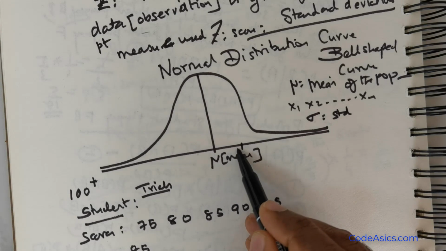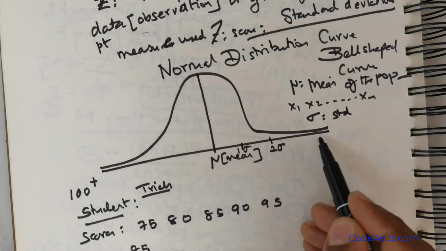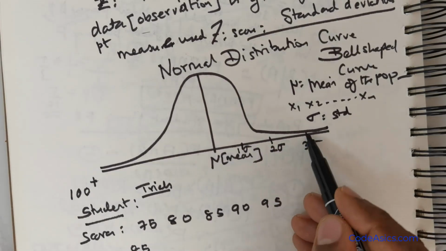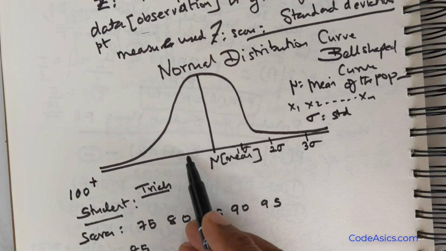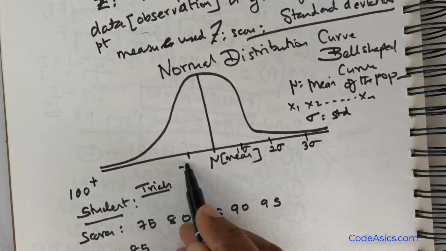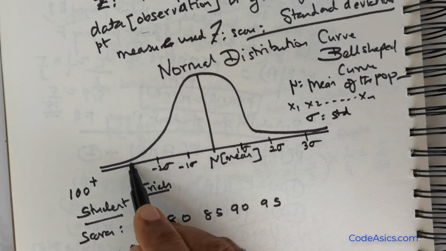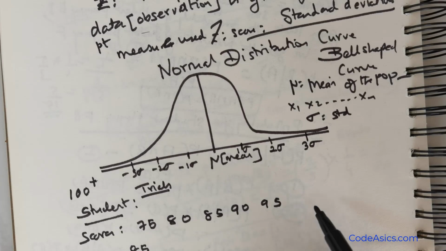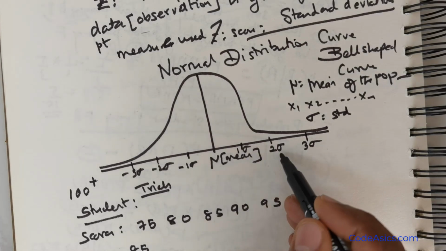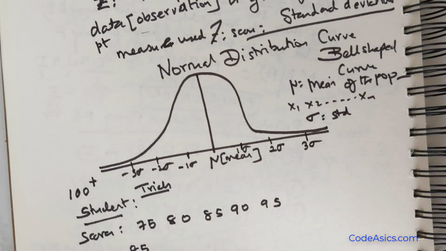So this is 1 sigma, then this is 2 sigma, and this is 3 sigma. Similarly over here, this value is -1 sigma, this is -2 sigma, and -3 sigma. Let me find out what these values are.